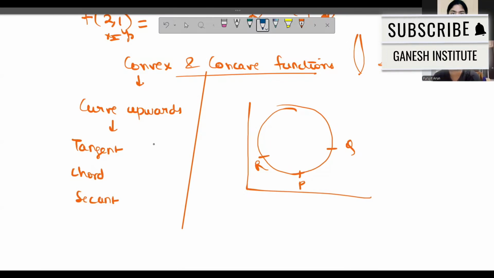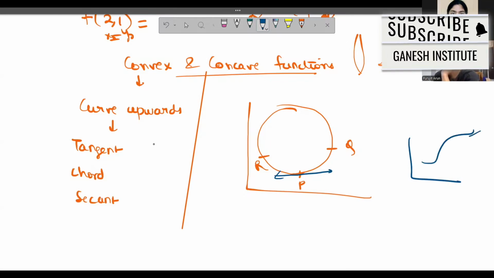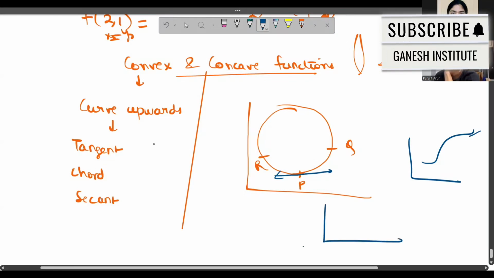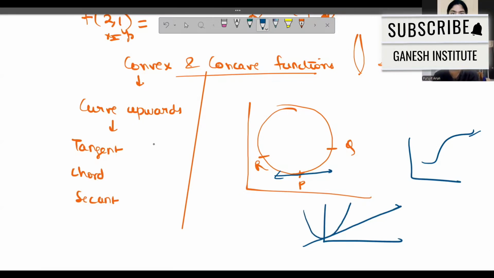So the tangent always lies below the curve. For your convex function, the tangent is always below. And that means the chord is always above or on the graph.